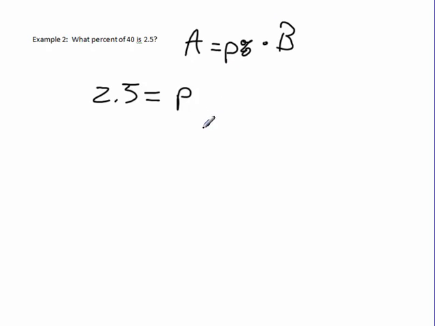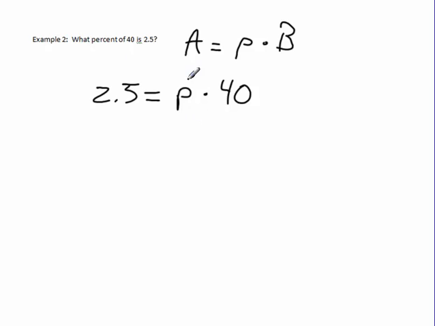What percent of 40 is 2.5? Well, we put our 2.5 here. 2.5 equals my percent as a decimal. Remember, we're using A equals our decimal times B. So our decimal percentage, I don't want to use the capital P, but lowercase p, times 40.